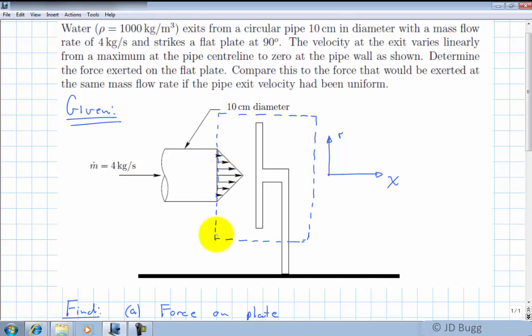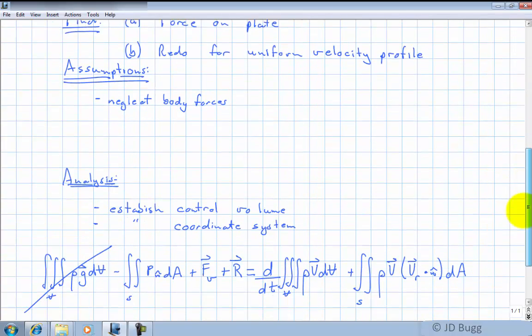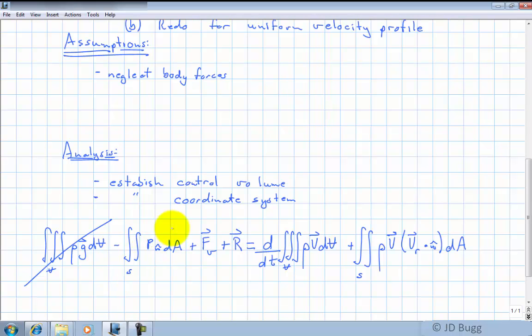So the pressure everywhere on this control surface is atmospheric. And when that's true, when the pressure is the same everywhere around the control surface, then this term will evaluate to 0. So if that pressure is a constant everywhere, it comes outside, and it evaluates to 0 because the pressure is pushing equally on all sides of our control volume.